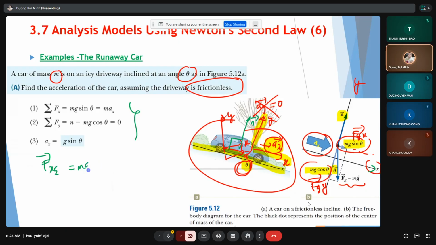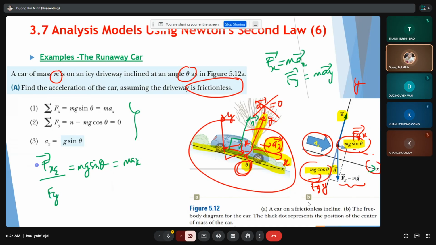So you get mg sine theta, that's all, equal to m a_x, because the second law says F equals m times a. So if Fx has a_x, Fy has m a_y. Is it clear? For the x component, you get a_x.